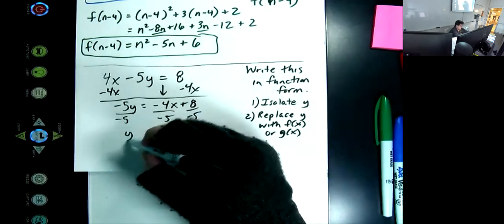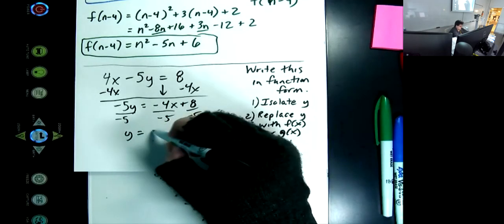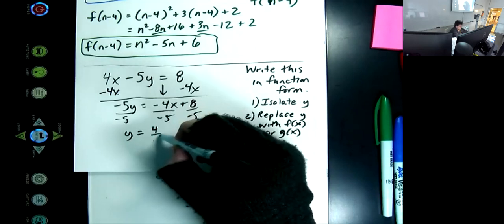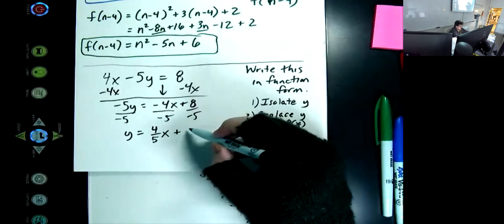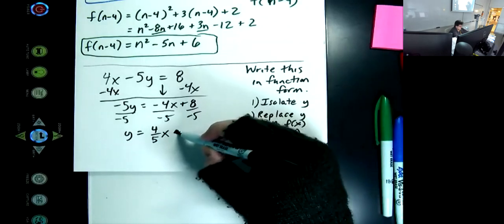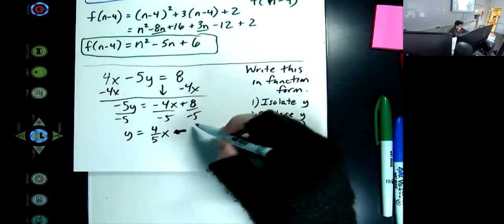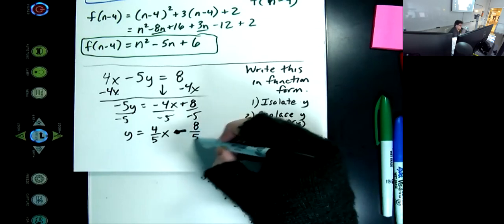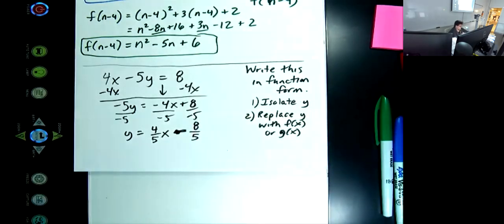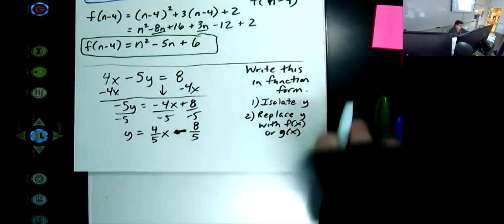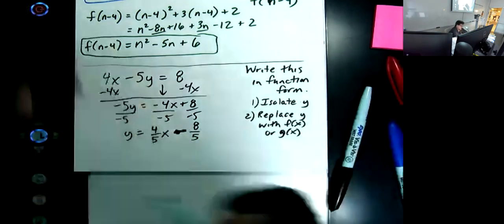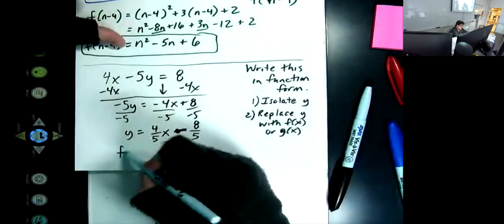And I get y equals, on the x, the two negatives cancel out, and I get 4/5 x, and then I don't need a plus there because I got just a single minus, minus 8/5. Finally, we're just going to replace y with f of x.